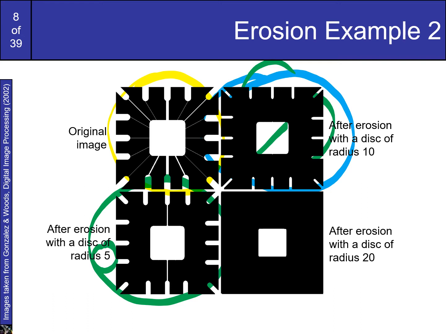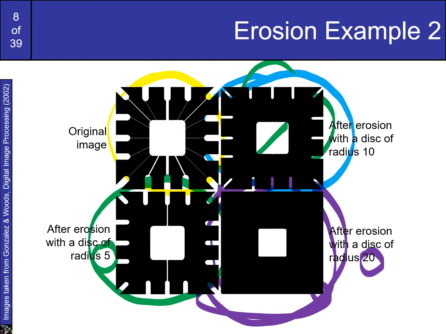Now what happens when we use a much larger radius of this structuring element, which is 20? Now we can see that the white pixels become very few, and at the border, it's gone already.